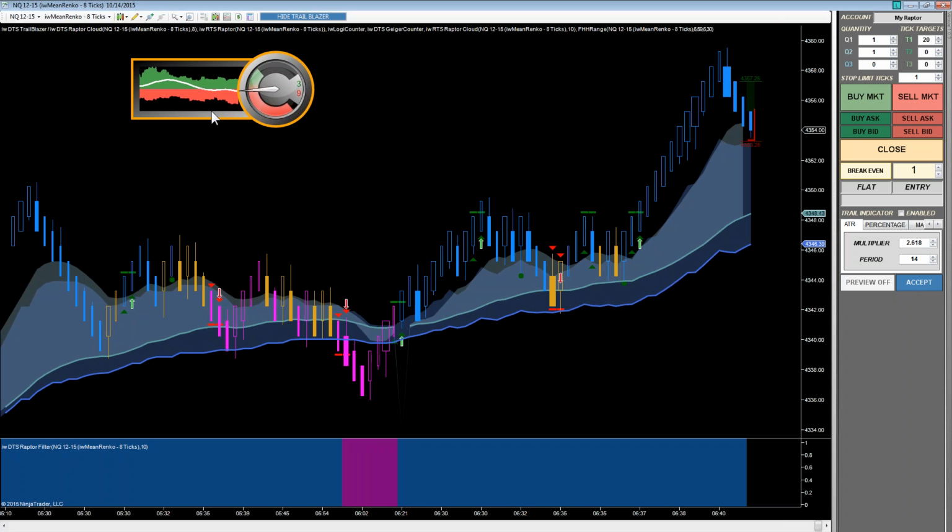A lot of times what we look for here are spikes in the histogram. So we look for islands of buying or selling, these plateaus that may develop.